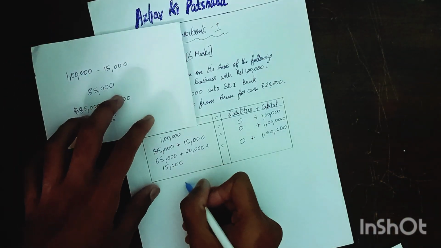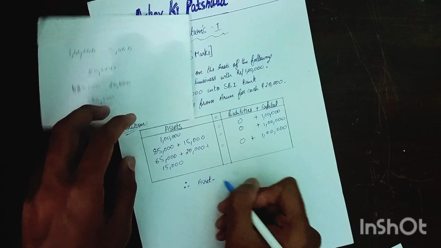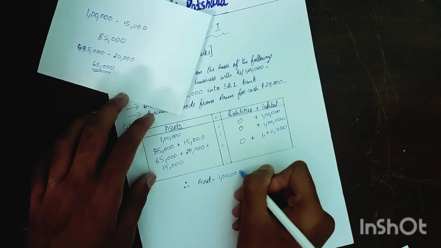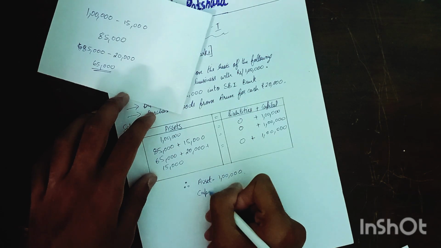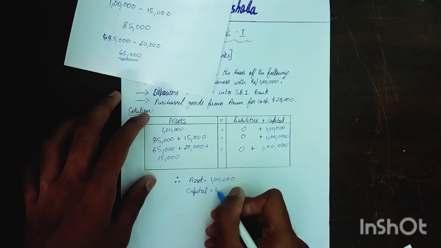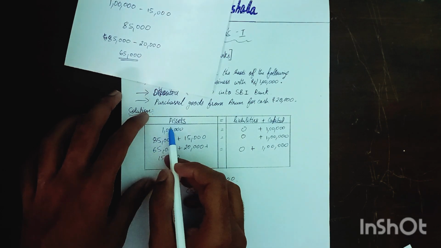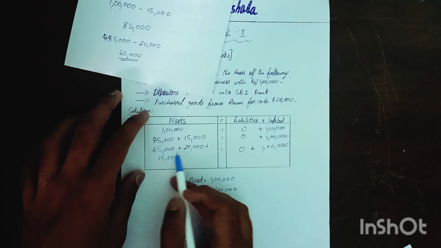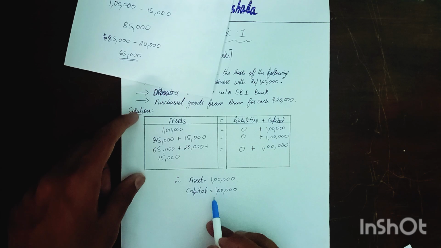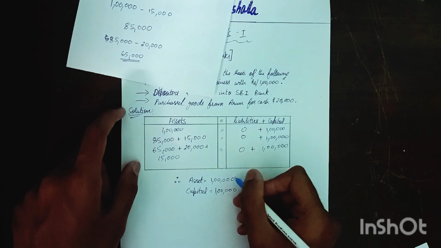Therefore assets is equals to 1 lakh, capital is also 1 lakh. Now we write the assets by adding all these: 65,000 plus 20,000 is 85,000, 85,000 plus 15,000 is 1 lakh. Assets is 1 lakh. Capital is 1 lakh. We should write like that.